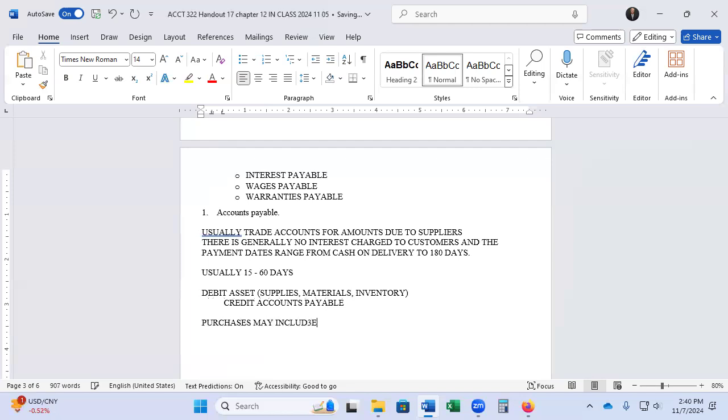Purchases may include discounts, such as sales volume, cash discounts, and purchase adjustment discounts.